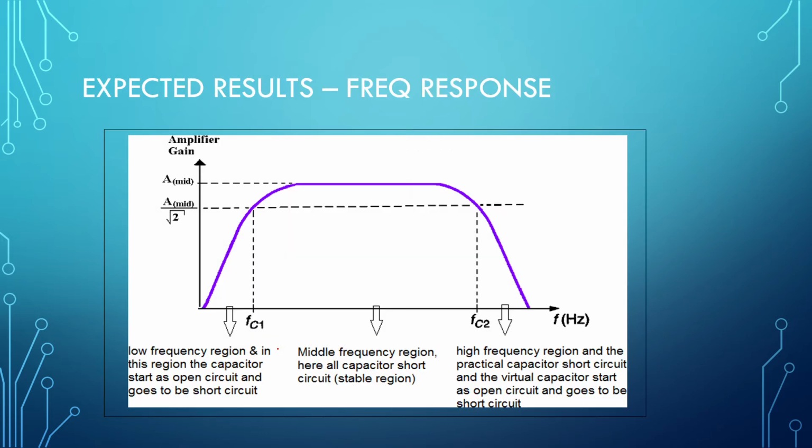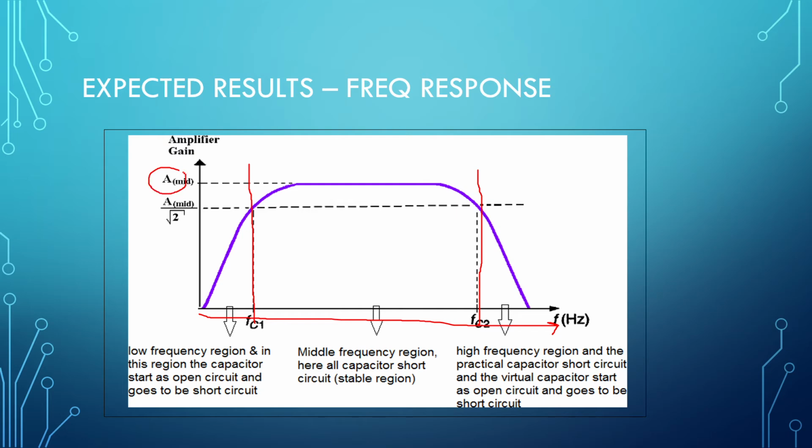Okay, alright, so the result of the frequency response of a CE amplifier actually looks like this. For this one is the first cutoff and this one is the second cutoff. So in this experiment, you will vary the frequency. The frequency will vary from a certain given frequency, and then you will measure the amplifier gain.